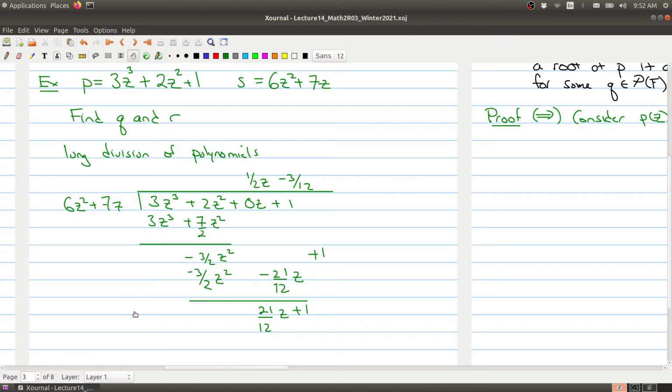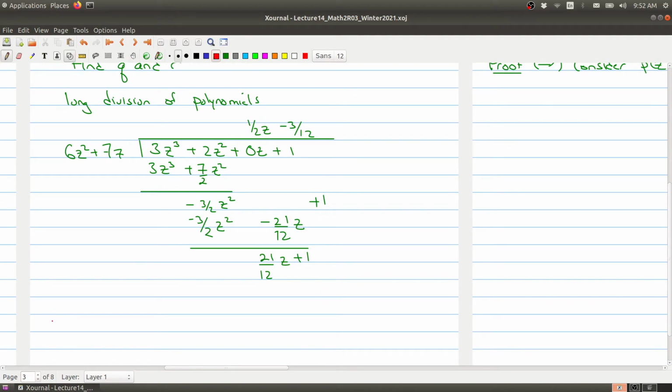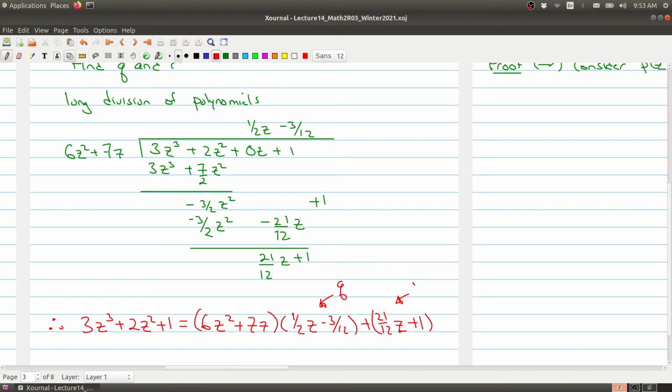To summarize, 3z cubed plus 2z squared plus 1 is equal to 6z squared plus 7z times this element right here, 1/2 z minus 3/12, plus the remainder, 21/12 z plus 1. This element here is the q that's guaranteed by the division algorithm, this element here is the r, this is the s, and this is the p.